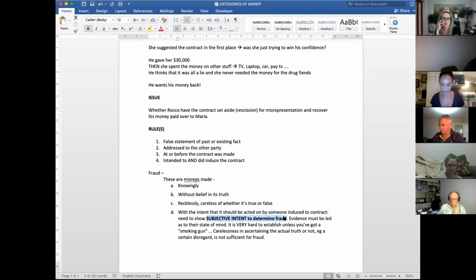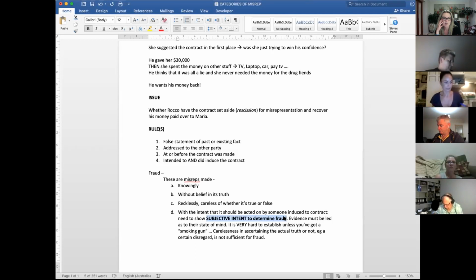What's the big difference between the statutory form of misrepresentation and the common law of misrepresentation? Do we have these categories, innocent, negligent, fraudulent, under statute? Thank you, Tyler. That's it. Statutory does not require intent.